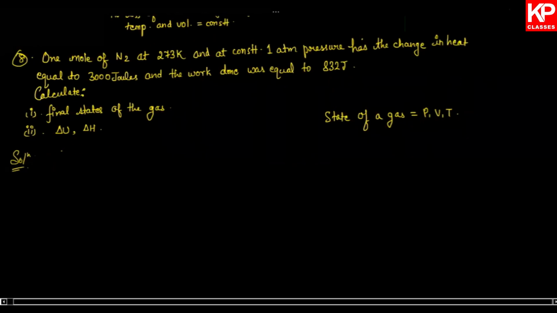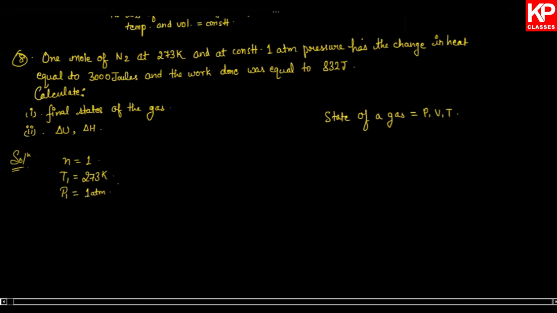Try solving it on your own first, and if you have any doubt, you can check it over here. We know that the number of moles is 1, and the temperature T1, the initial state condition, is 273 Kelvin. Similarly, the pressure is constant, and the pressure P1 is given as 1 atm.